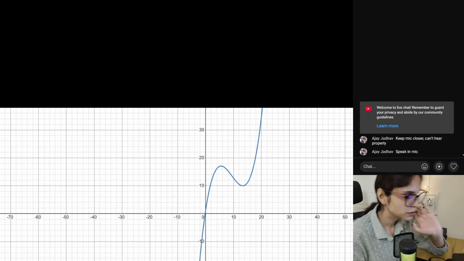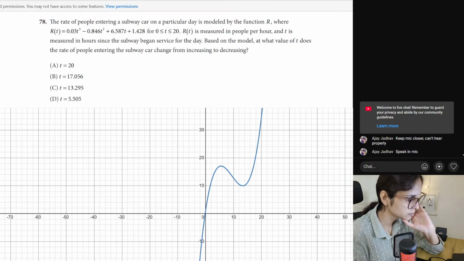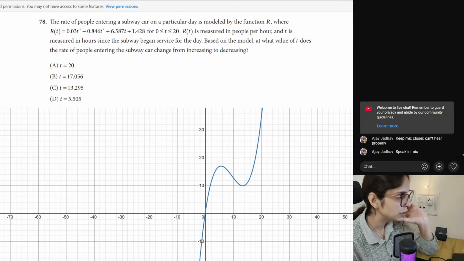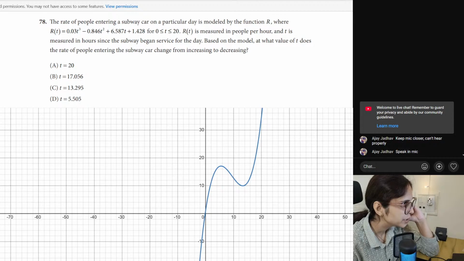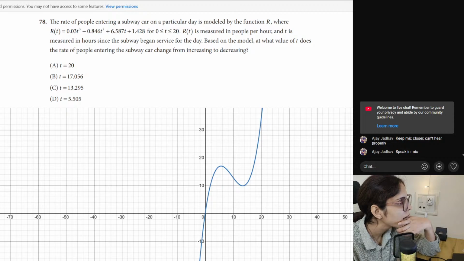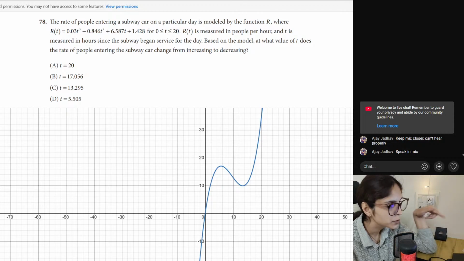So this is the graph, and now the question is asking at what value of t it changes from increasing to decreasing. It was increasing before and then it started decreasing.